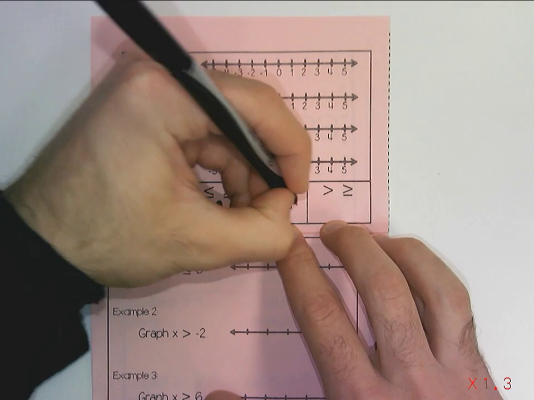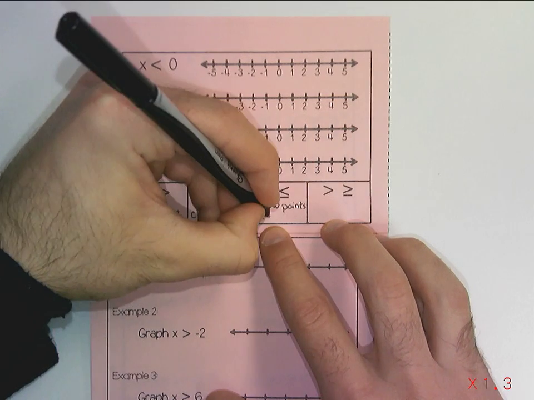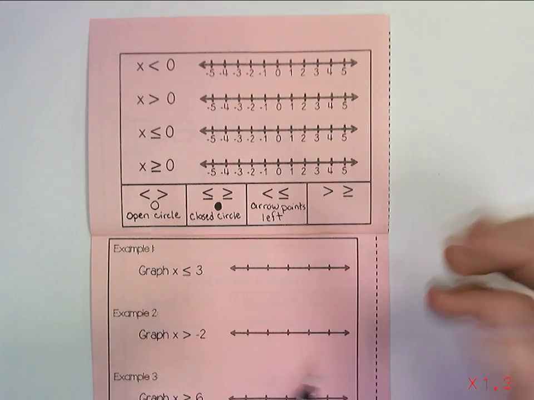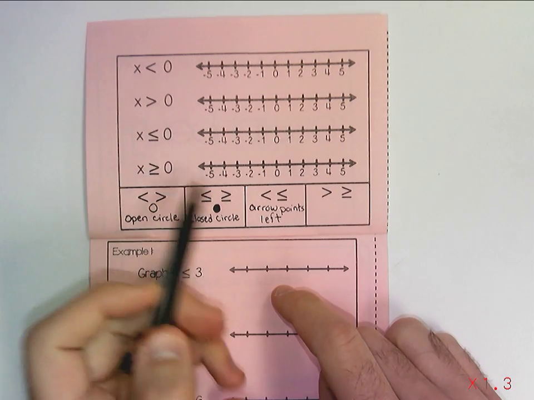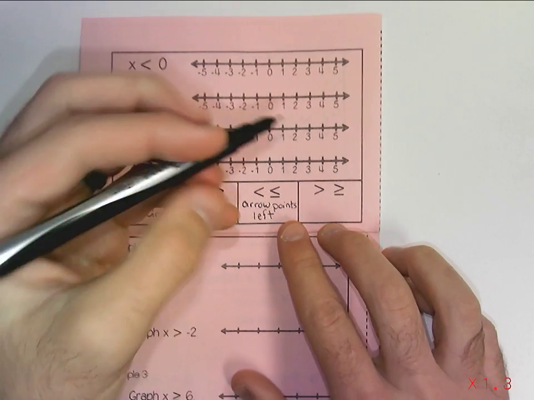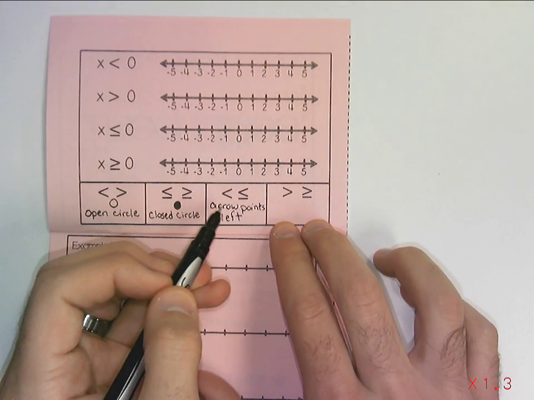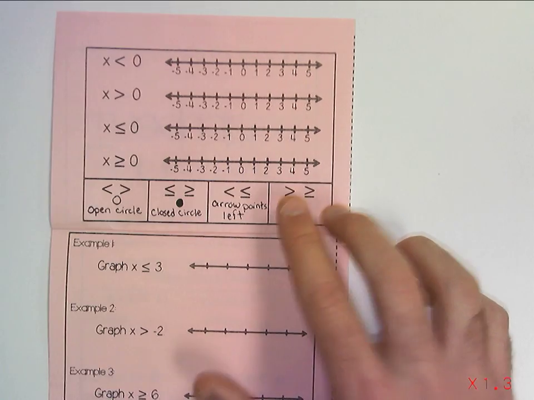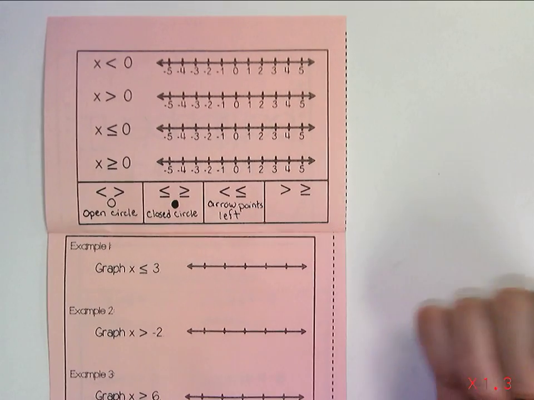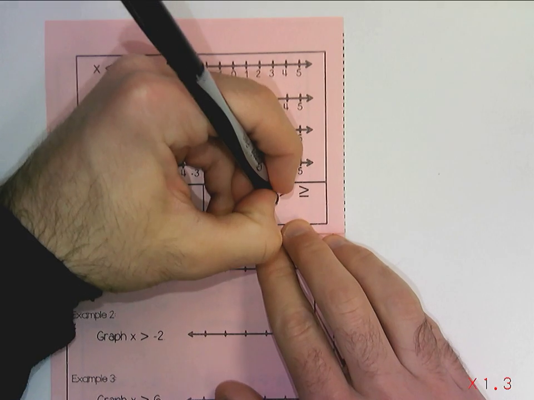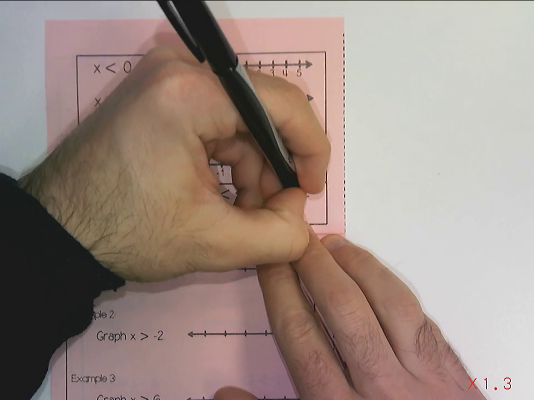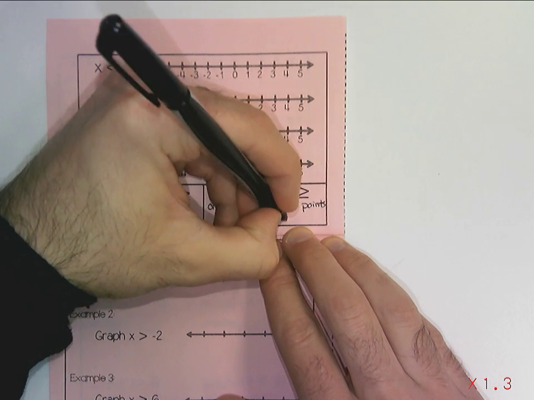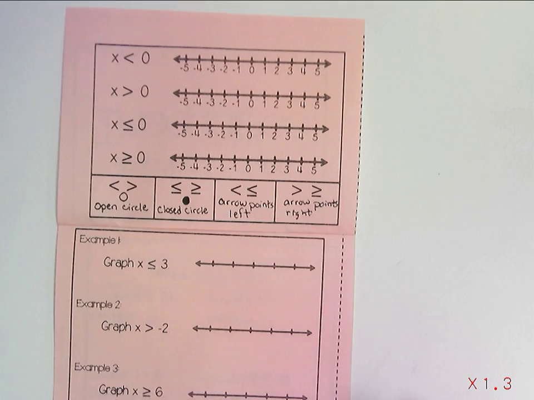So arrow points left, showing that anything below whatever number it is will make that inequality true. And just like with the less than and less than or equal to, your greater than and greater than or equal to, when you're graphing this, these will point to the right. So arrow points right.